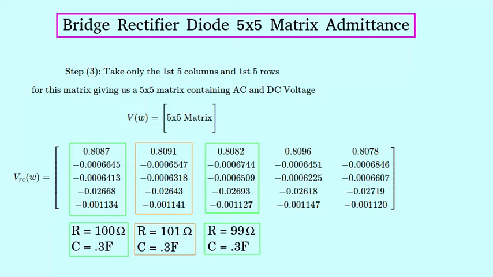The first column in a green rectangle corresponds to a resistance of 100 ohms and a capacitance of 0.3 farads, which is effectively here 0.3 ohms. The DC voltage, which is the first value, is very large compared to the AC voltage, which corresponds to a bridge rectifier output.